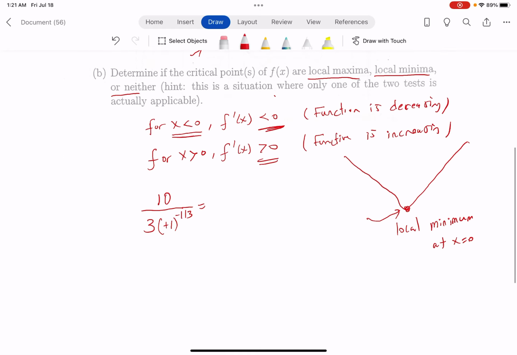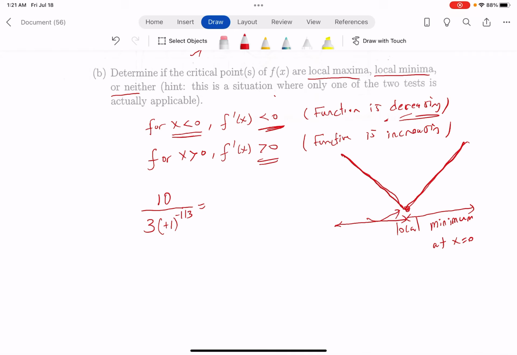Again, going from less than 0 to 0, and then from 0 to higher than 0, it was decreasing first, and then it's increasing. So this is a local minimum.